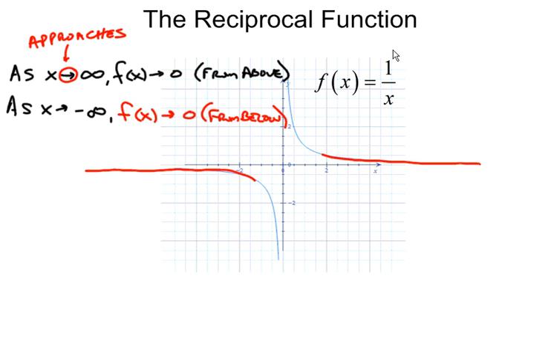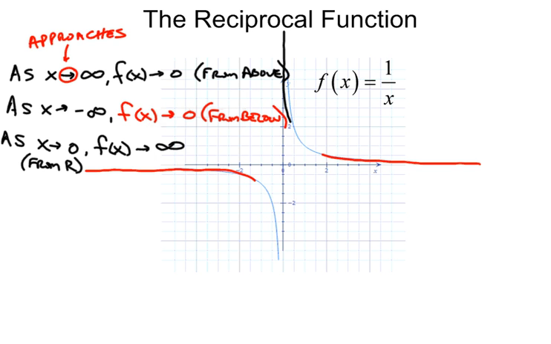Looking at what happens as x approaches 0. As x is approaching 0 from the right, f of x looks like it's going to get really close to infinity. So as x approaches 0 from the right, f of x gets really close to infinity.